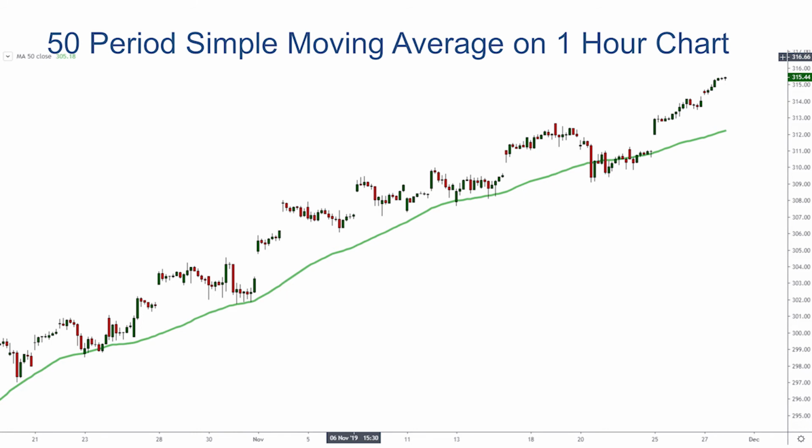And so when you set on your TD platform, let's say an intraday chart, such as a 1 hour or a 5-minute chart or let's say a 30-minute chart, you can still utilize moving averages. All they're doing is providing you a moving average for the time period that you're looking at. And it's very important to make that distinction.